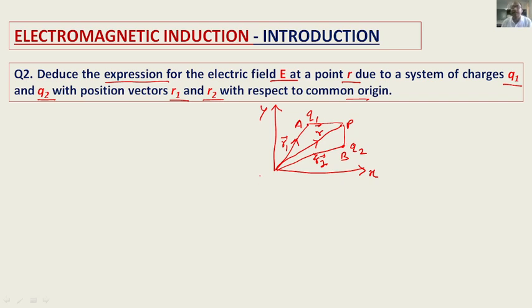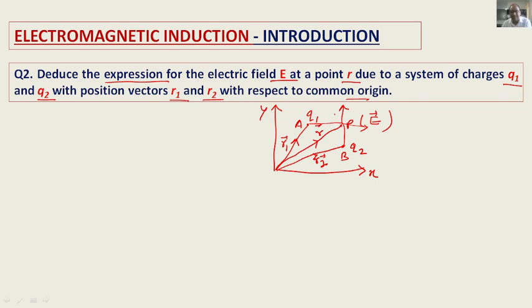We have to find the electric field at this particular point P, E. So the electric field due to this Q1 will be in this direction, and due to this Q2 it will be in this direction.